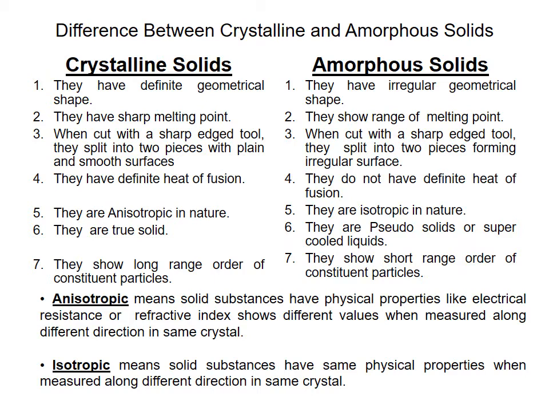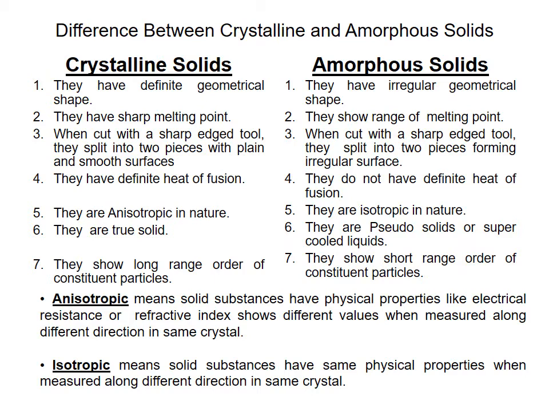Anisotropic means when the physical properties of the solid substances like electrical resistance, refractive index, etc. are measured in the crystalline substance from any direction, you will find that the values won't be the same. They differ from place to place, from direction to direction. Then such solids are said to be anisotropic in nature.